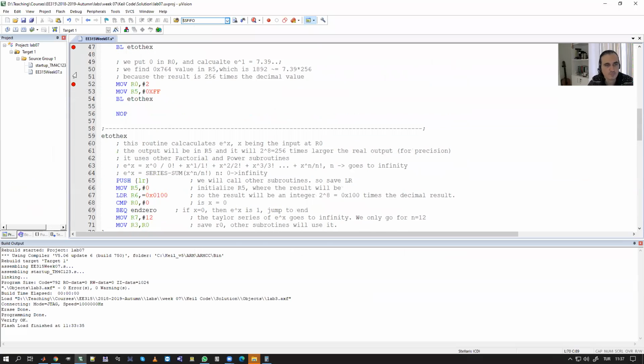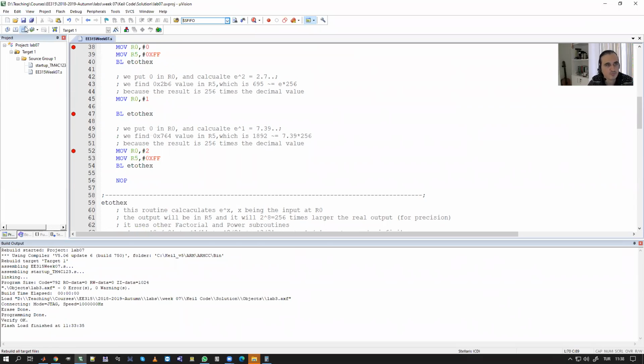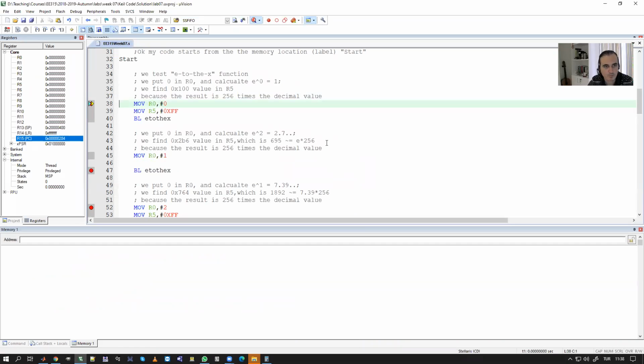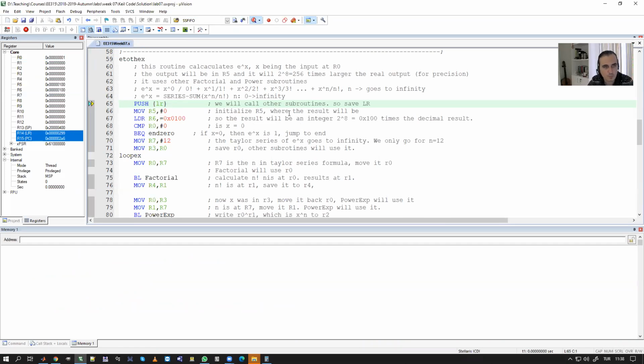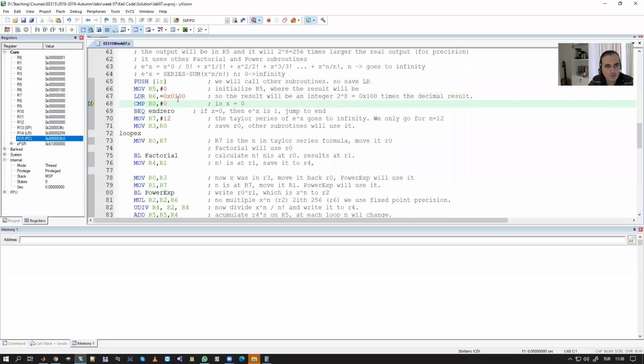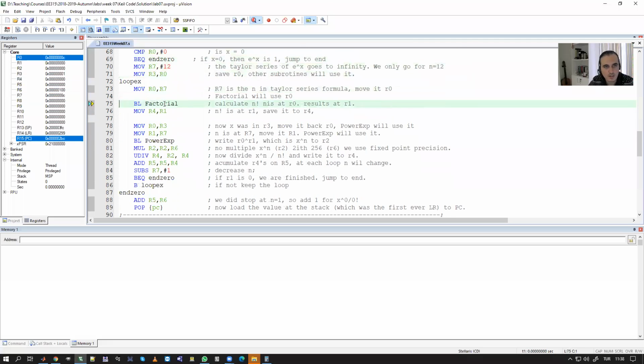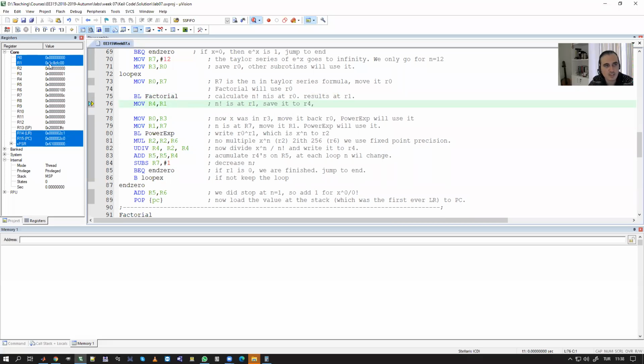Good. Very good. Okay, so I've got it. I have 7, so I start my loop. Now it's 12. I'll calculate the factorial, and I've got this value, guys, in R1. That's 12 factorial, right?